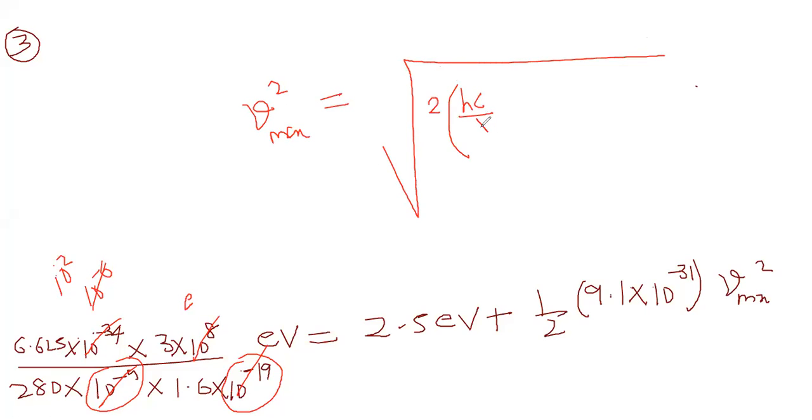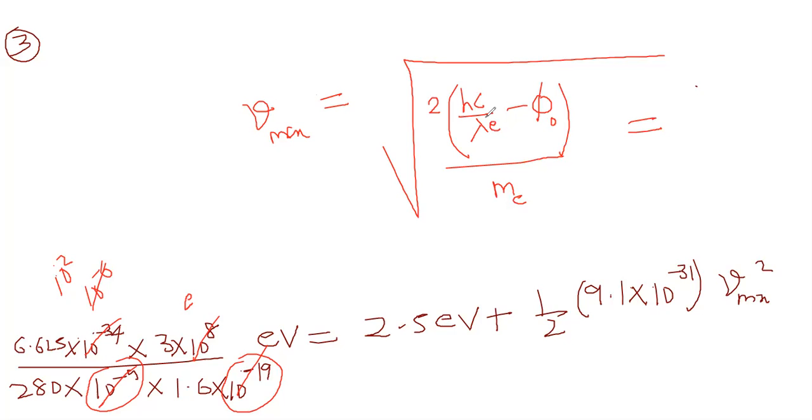That is only root of 2 into hc by lambda minus your work function phi naught, bracket close, divided by the mass of the electron. This will give you the value of the maximum velocity of electrons. If you substitute this, but of course remember here you have to divide by the electronic charge.